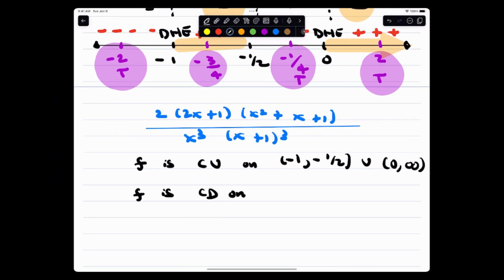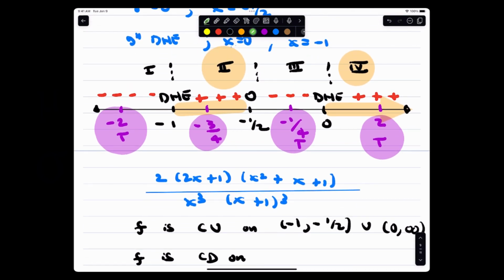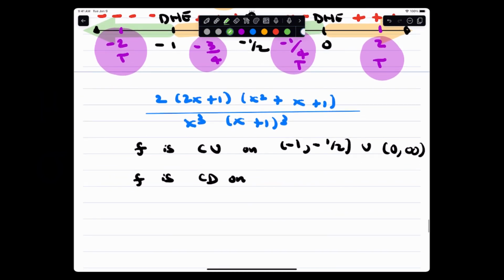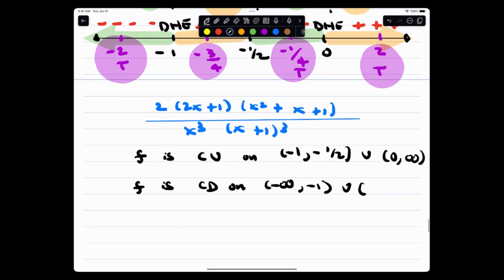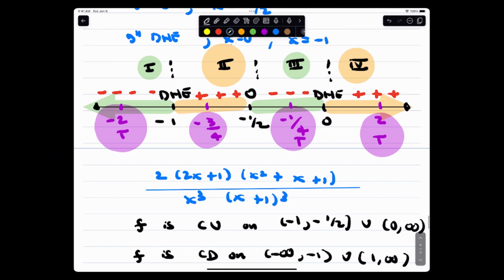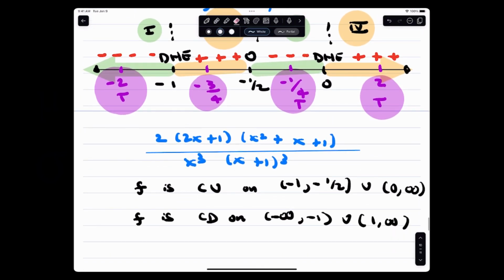F is concave down. Where is it concave down, right? So your function's concave down in region 1 and region 3. So what is region 1? What is region 3? What's region 1? Negative infinity up to -1? Is that right? And then 1 to what? Or not 1, that's 0 to infinity.